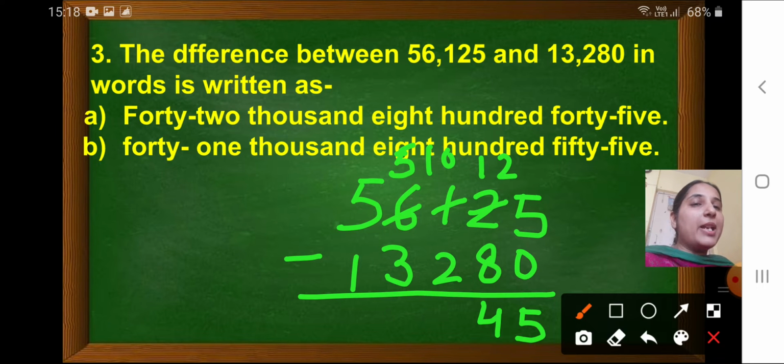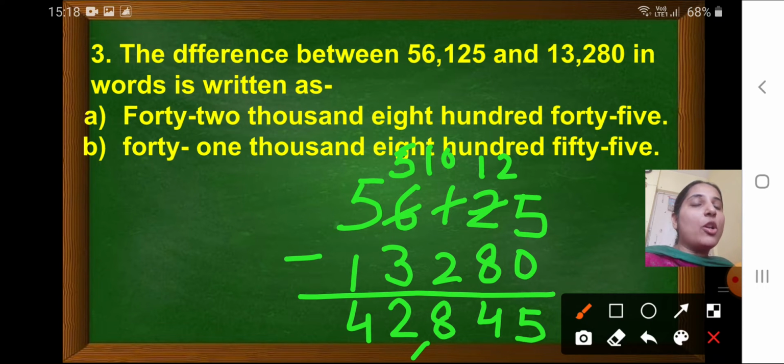So 10 minus 2, 8. And now look at the thousands place. So 5 minus 3, 2. And now 5 minus 1, here we will get 4. So we get the answer here as 42,845.